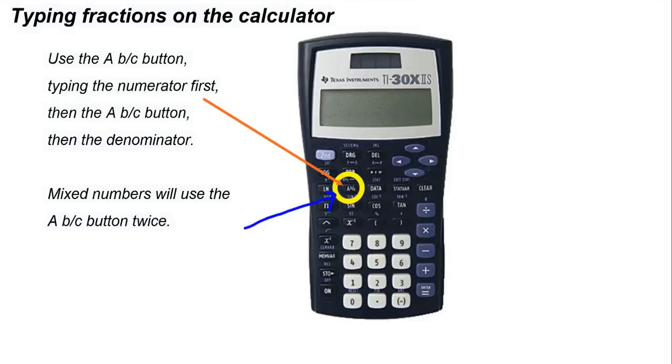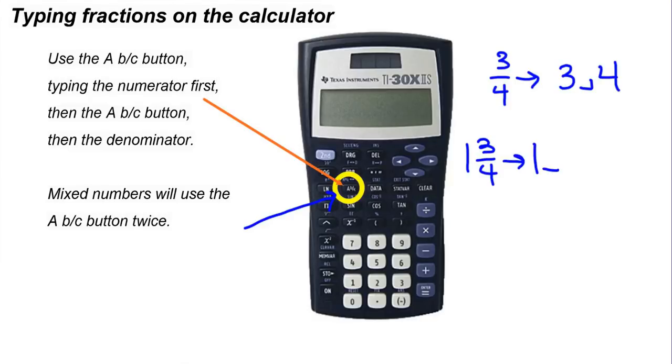So if I wanted to type, for example, the fraction 3/4 on the calculator, it'll look like this. I would type 3, then I would press this ABC button, and it's going to show up like a little backwards L on the calculator screen, and then 4. That's what 3/4 looks like on our calculators. If I wanted to make a mixed number, 1 3/4, I would type a 1, I would press the ABC button, a 3, then I would press the ABC button again, and then a 4.